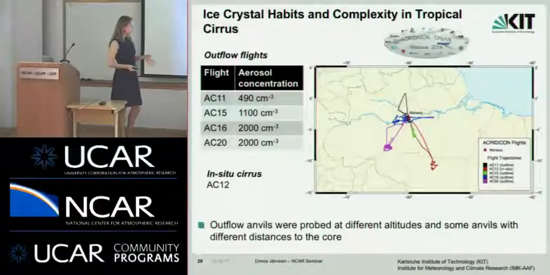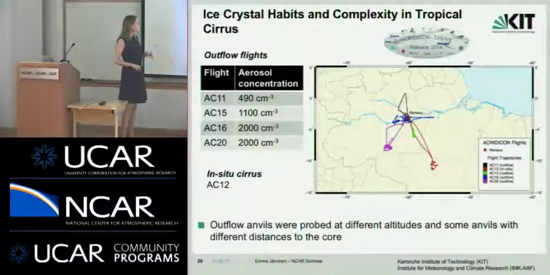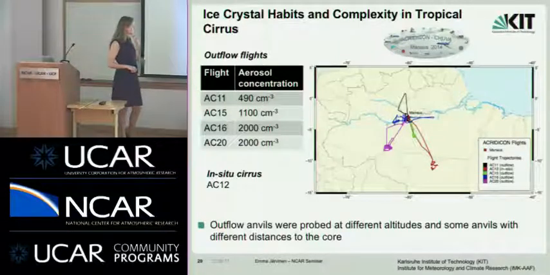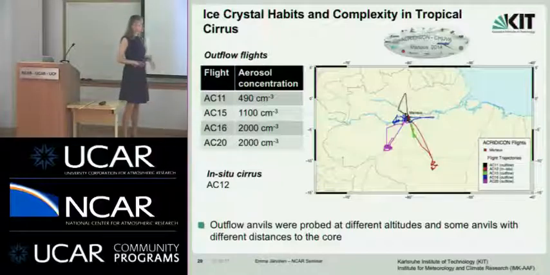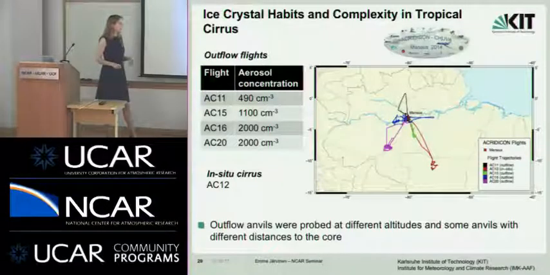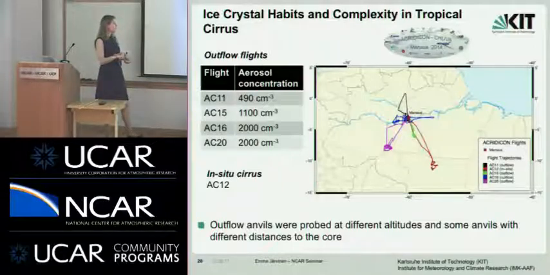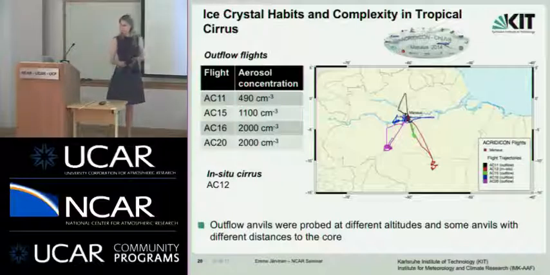And then later, we did a campaign in the tropics, where we were studying convective systems. So we were studying outflows and also in-situ cirrus. We were trying to look at how both the microphysical and angular light scattering properties depend on the pollution rate of these outflows, or whether they are outflow or in-situ cirrus.